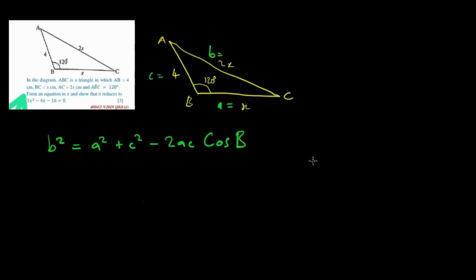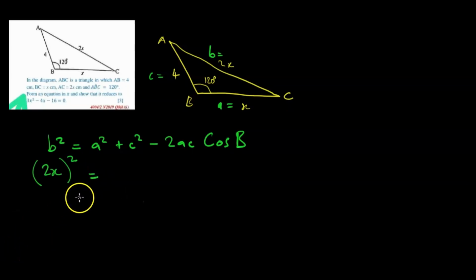This is a very important part. We want to substitute. So when we drew our triangle, we noticed which is b, which is a, which is c. We noted that. So because of that, we want to replace b with its number, a with its number, c with its number, then capital B, which is the angle, with its number as well. So b is equal to 2x. So in place of b here we put 2x, not forgetting that b is squared.